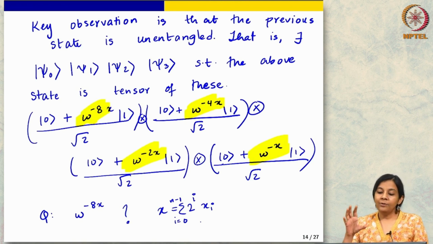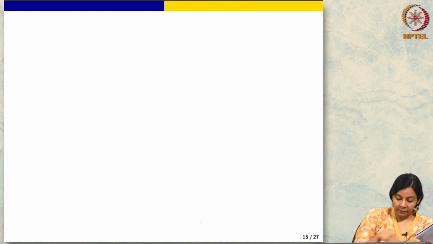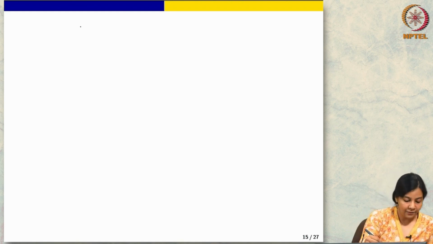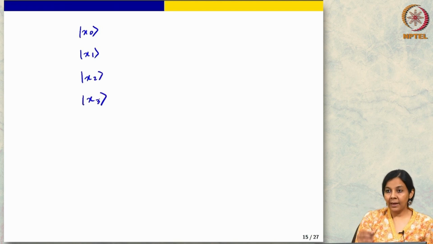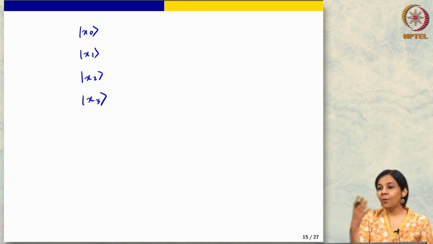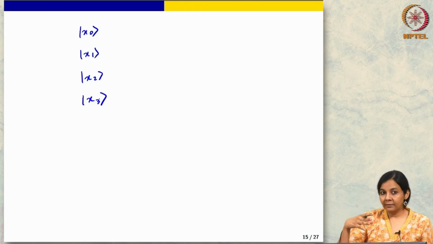What I would like to do is build a circuit. So I have x0, x1, x2 and x3. This is my x, and I am trying to go to this tensor of size, correct.